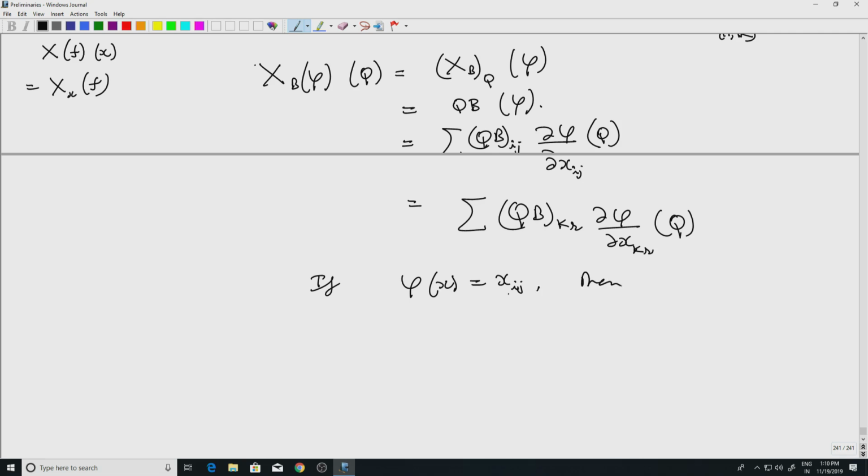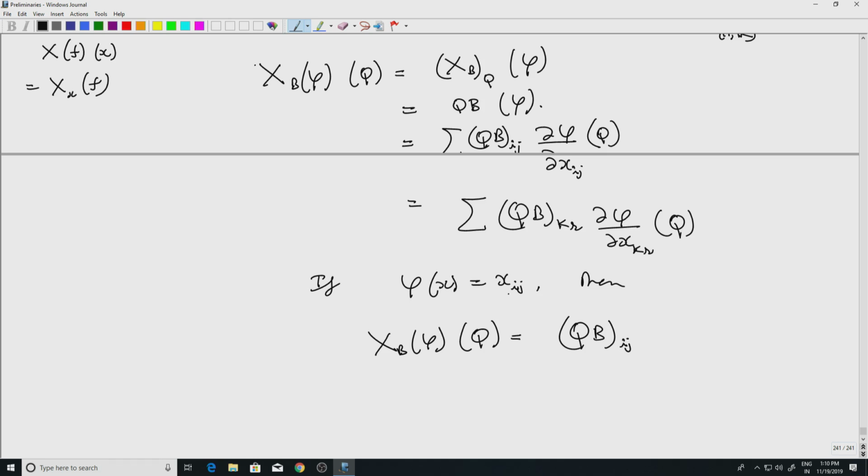Then xb phi at the point Q will be exactly the ijth entry of the matrix QB, because all the other terms here will vanish.